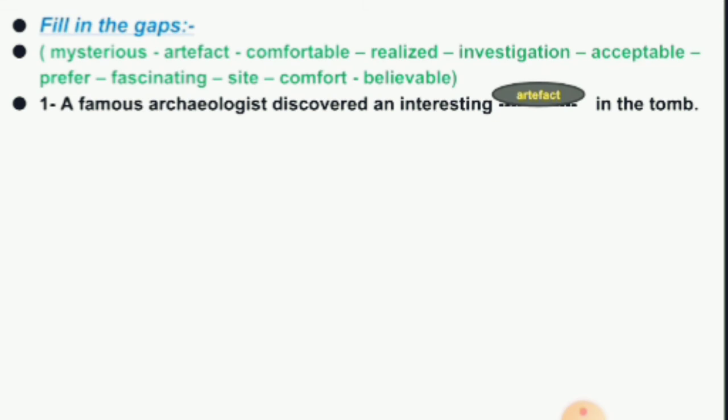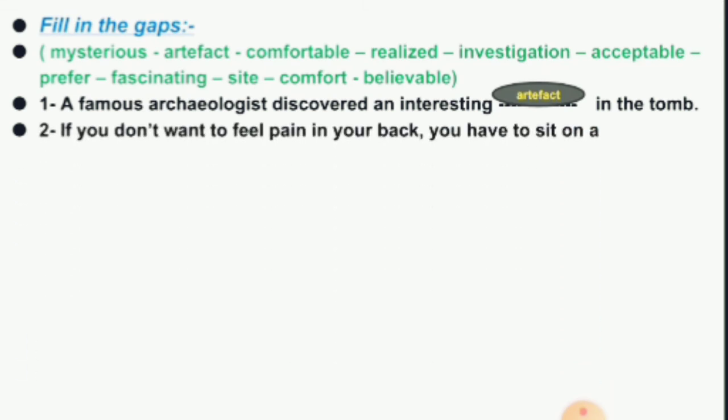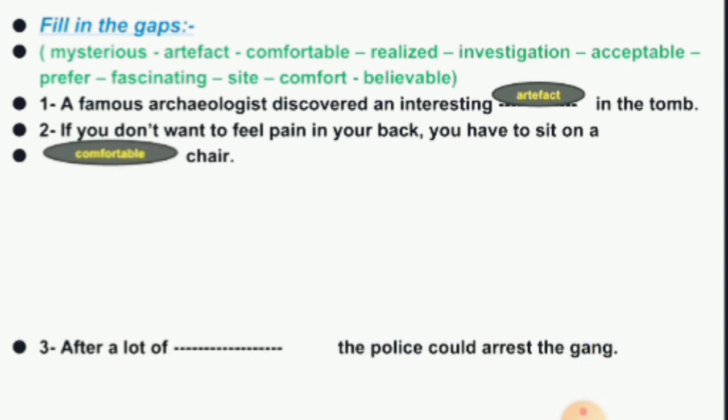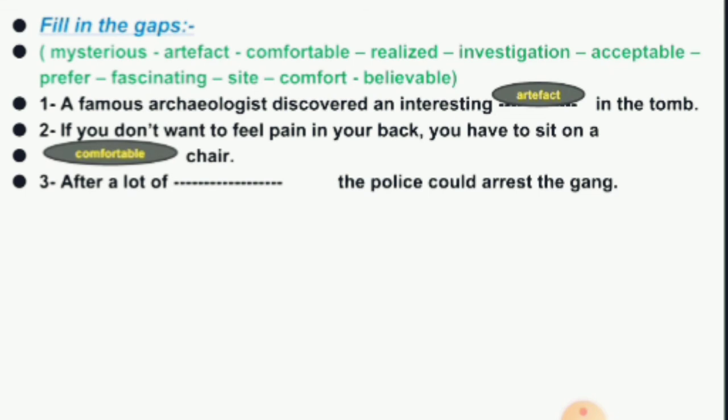Question number 2. If you don't want to feel pain in your back, you have to sit on a space chair. So what's the word? What's the adjective? Yes, excellent. Comfortable.